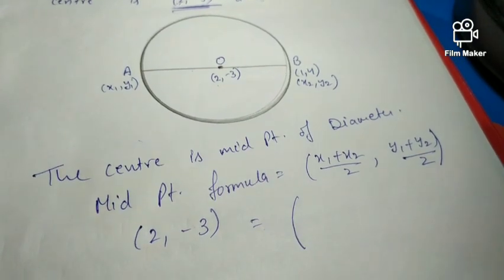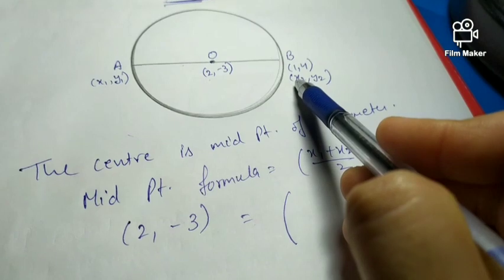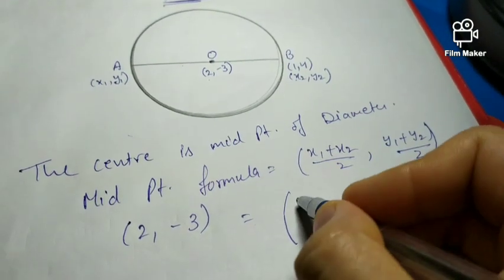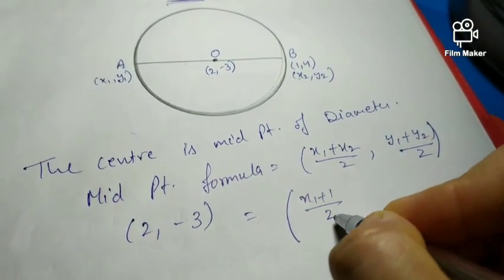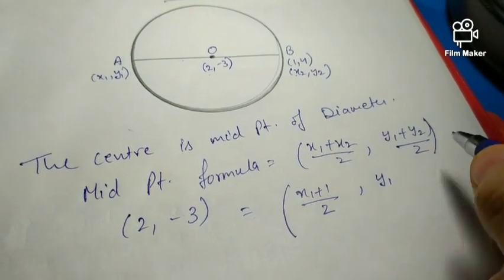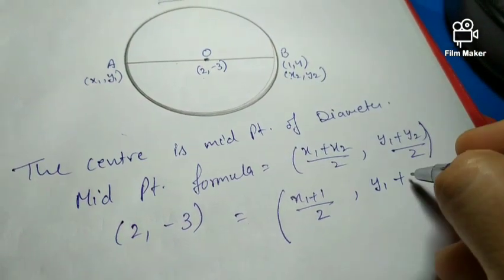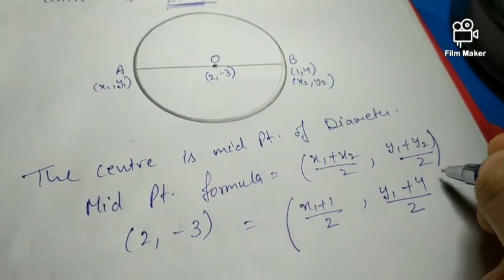What is the value of x1? That is x1. What is the value of x2? That is 1. So (x1 plus 1) by 2. Now what is the value of y1? That is y1. The value of y2 we have written, that is 4, divided by 2.